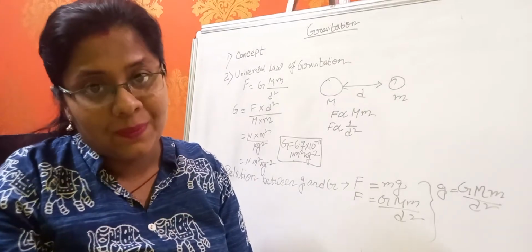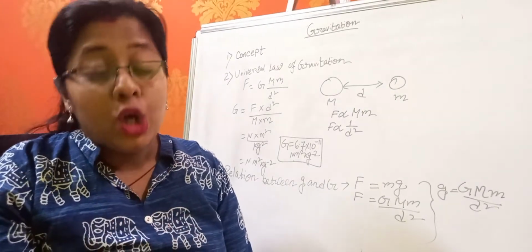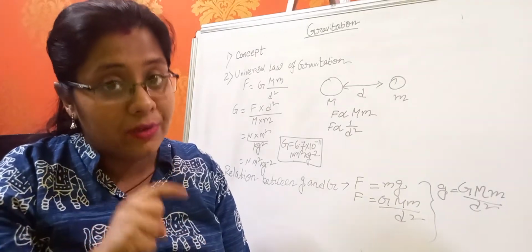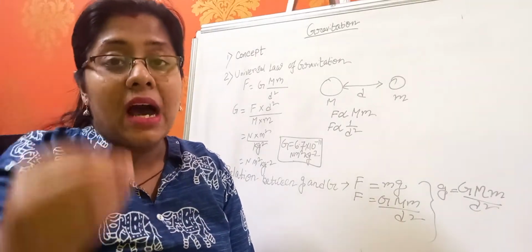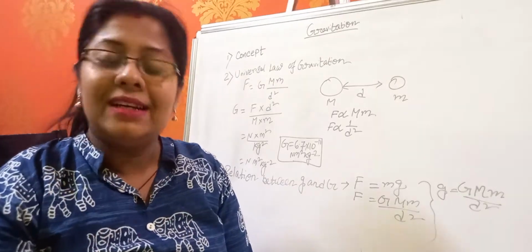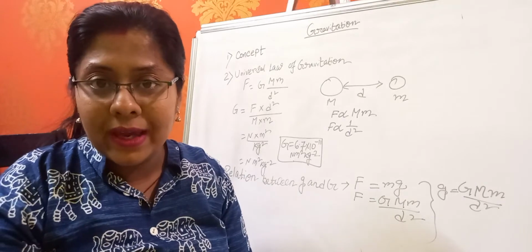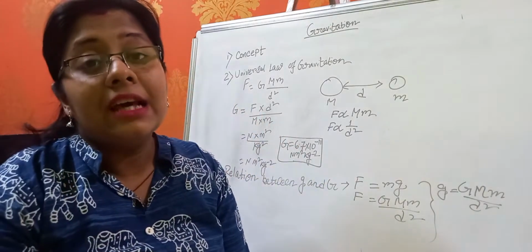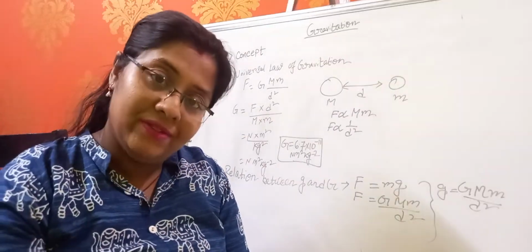Our Earth. Earth is giving the force of attraction by which the objects are moving down. This force is called gravitation.